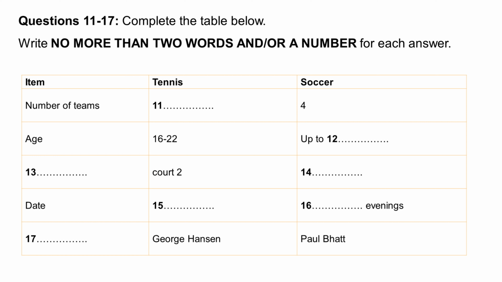Now, I'd like to introduce the coach of each training session, George Hanson, who has supervised the tennis teams for over 4 years, will still be coach this season. While we will invite a good soccer coach who has enough patience and professional skills to work as this season's soccer coach. His name is Paul Batt.